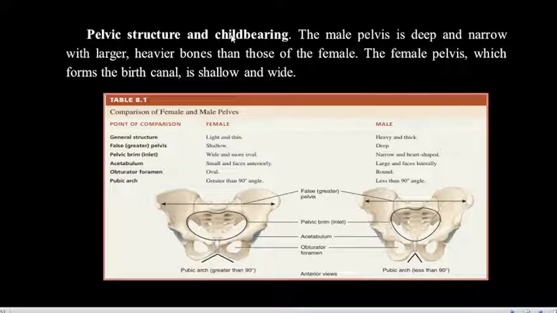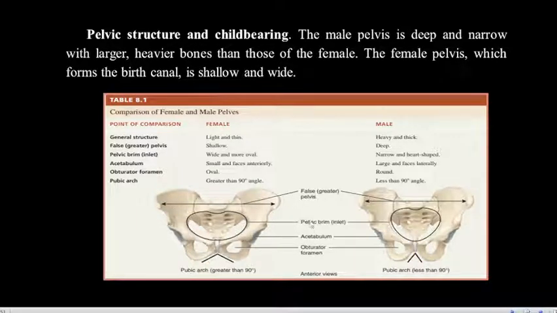Okay, next. So, difference between a male and a female pelvis. Okay, the pelvic structure and childbearing. Ang male pelvis natin, narrower ang kanyang width, no? Or ang kanyang diameter, and deeper ang kanyang depth, and heavier din ang bones sa mga males, while sa female ang diameter medyo wide and shallow ang kanyang depth.